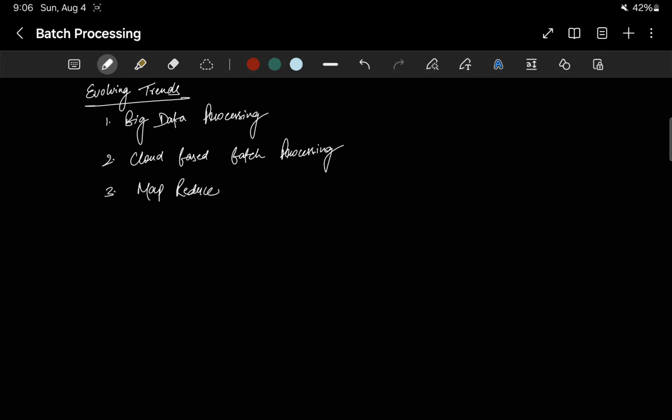Next, there is one more thing called Apache Spark. This also needs an in-depth video in itself. So please let me know if I should make one on this as well. In short, let's talk about this. Apache Spark is an open source distributed computing system which has emerged as a powerful tool for batch processing.